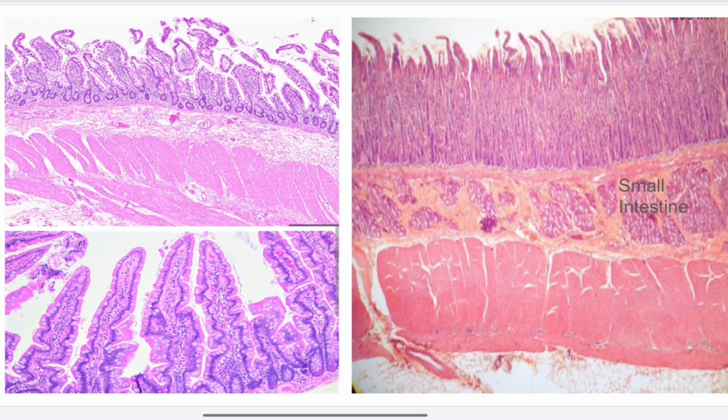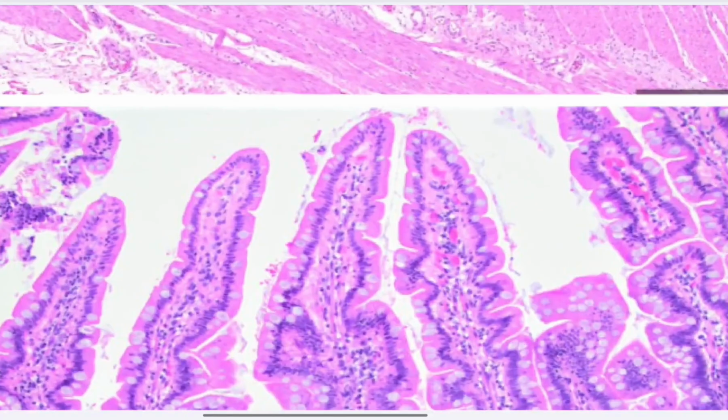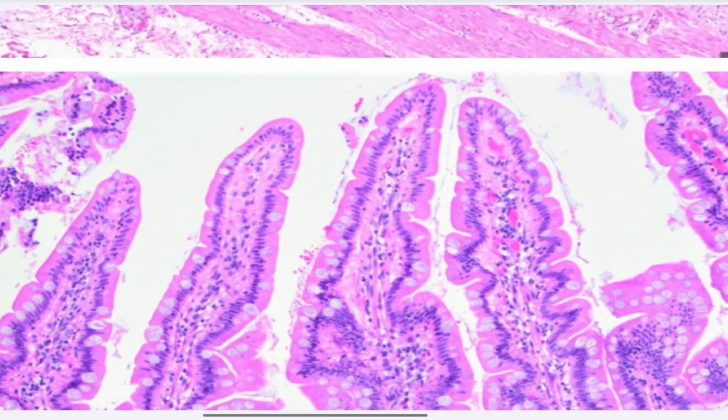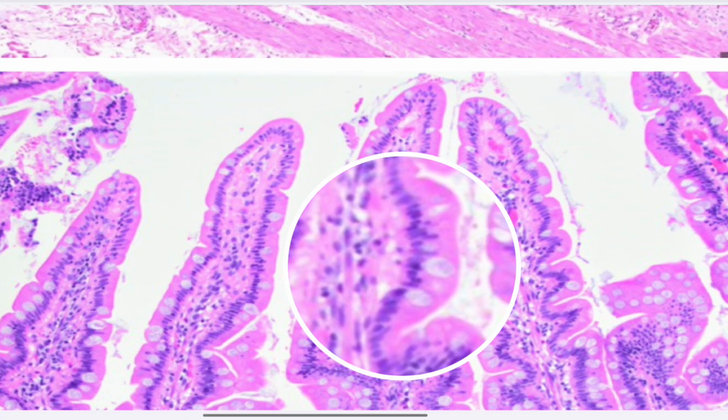Now, if we look closer into this epithelium, we see some modified cells which appear white all along, and these cells are the goblet cells which open onto the lumen. These are in plenty here.